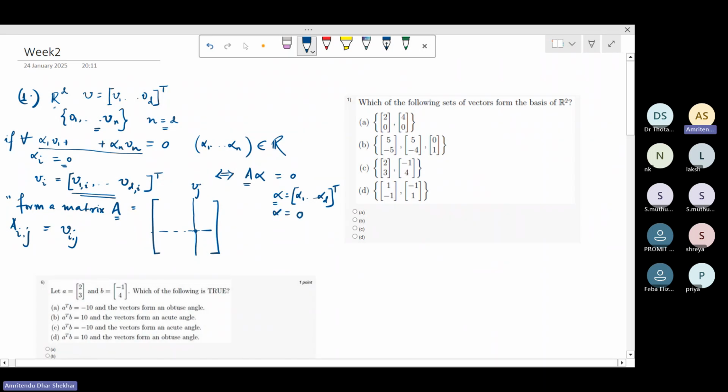So alpha is basically the zero vector. So this is true if and only if the determinant of A is not equal to zero.